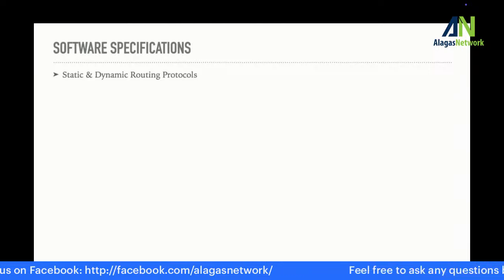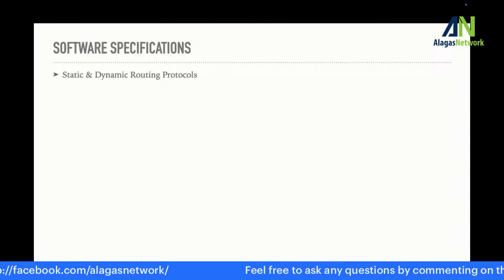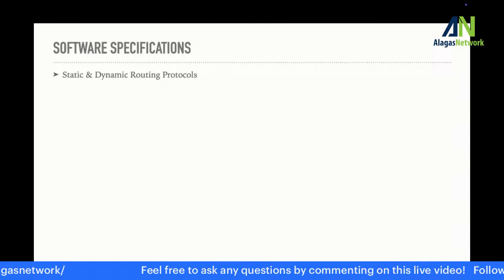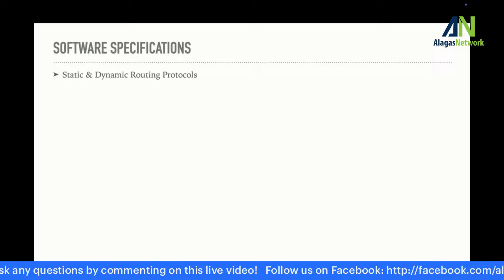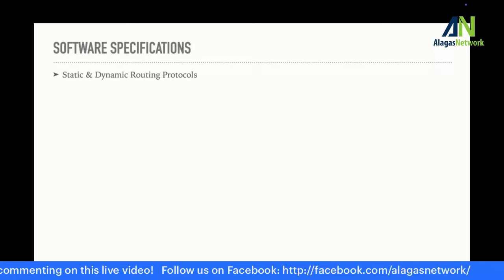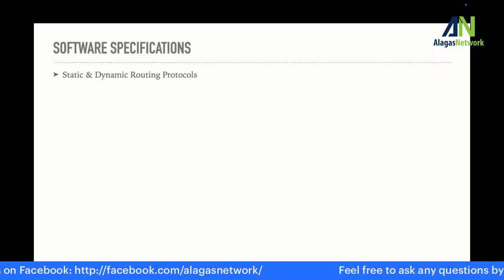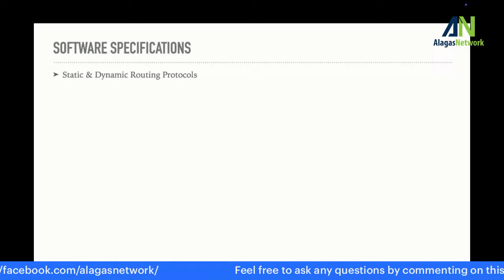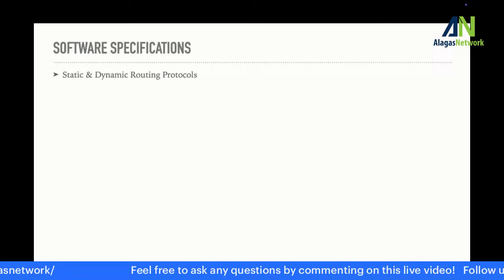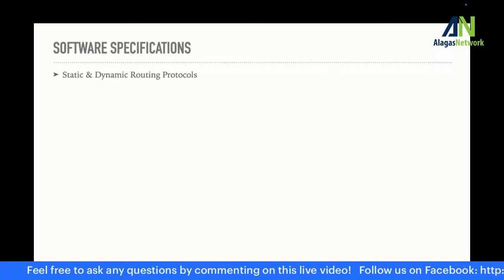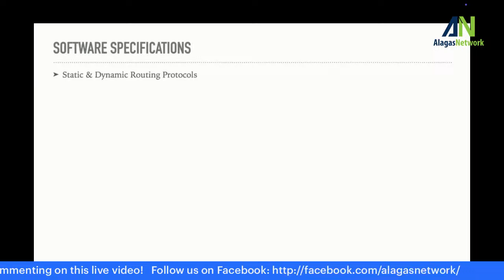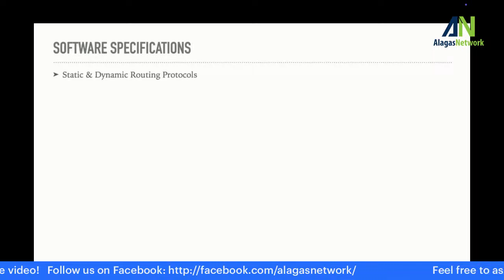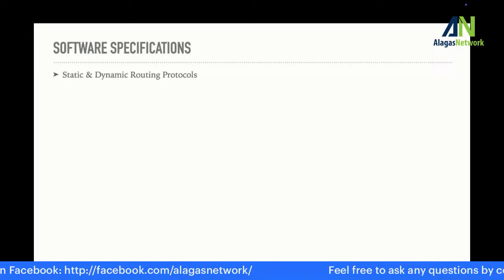It's easy to manage if we have a small network, but when it grows and we have many networks inside our network, at that time we might prefer to use dynamic routing. For these dynamic routing protocols, there are a few you can choose from, depending on how you design your network and which one you are most familiar with.